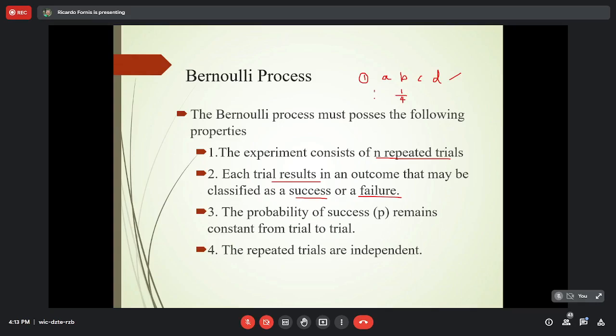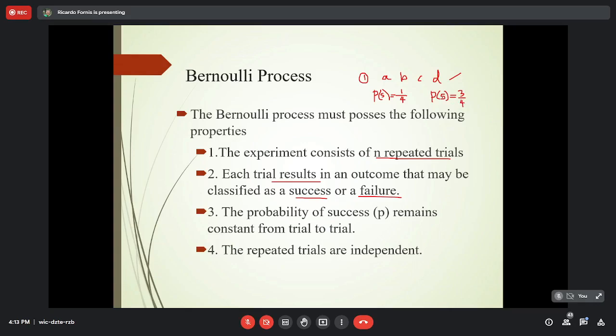So this is the probability of success, if success is defined as choosing the correct answer. But if the success that you are referring to is choosing a wrong answer, then the probability of success, where success is defined as wrong answer, should be calculated as 3 over 4. So that's the probability of success.